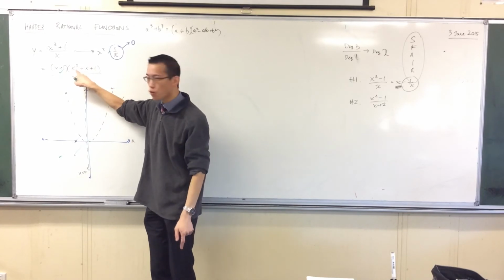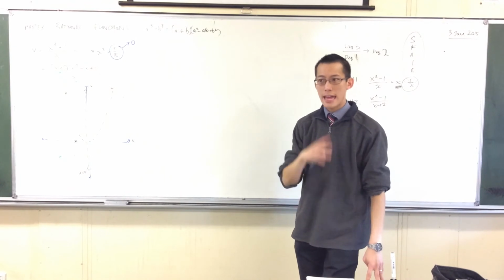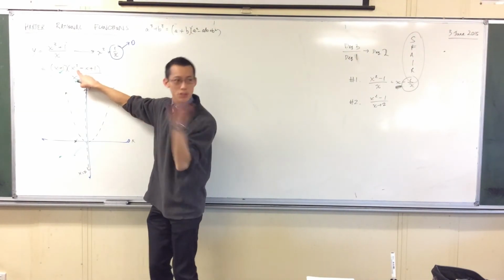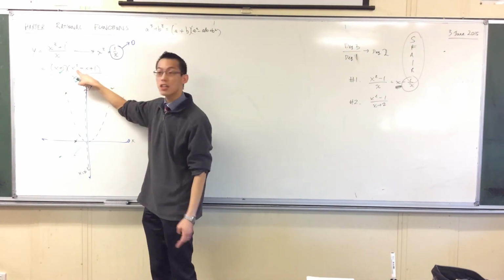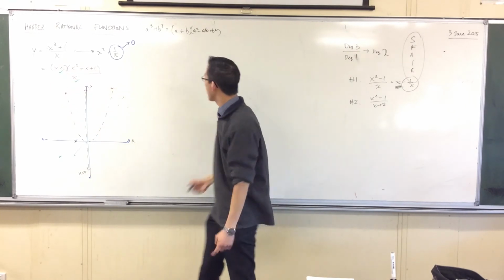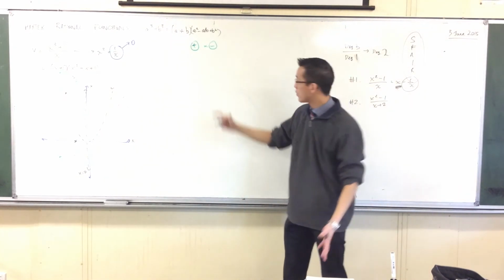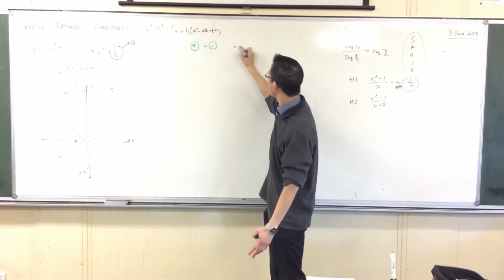I'm not even going to draw this factor in because it's always positive. Does that make sense? Whatever value of x you throw in there will always be positive, so it's never going to change the sign of this whole result. It's a little bit like if I said to you, a positive and a negative. We know if you multiply or divide these, you're going to get a negative.